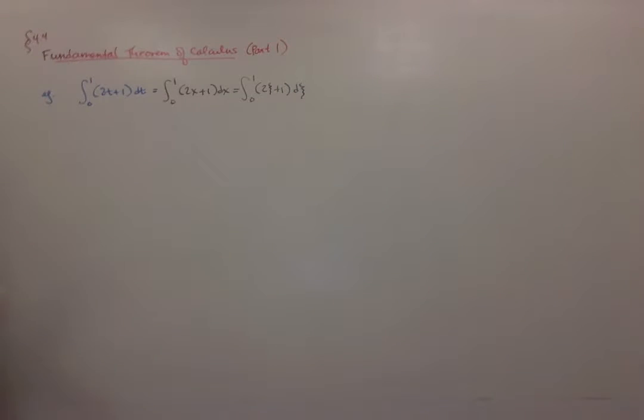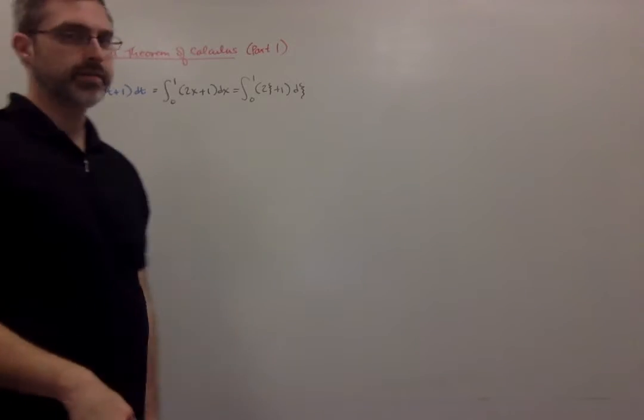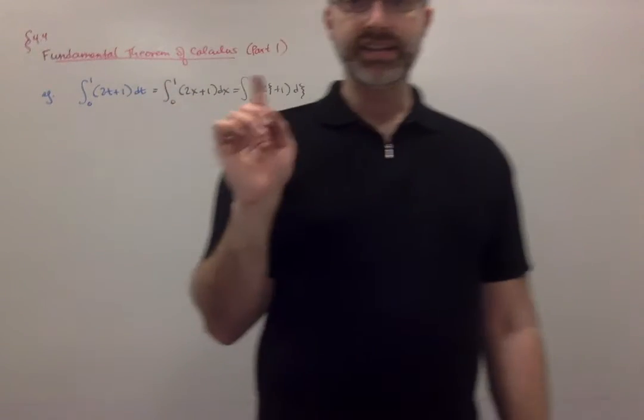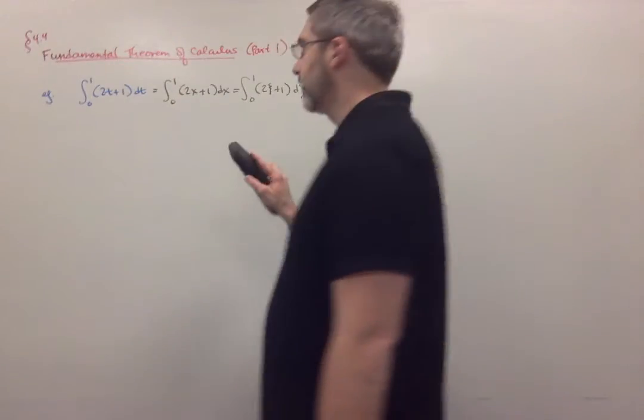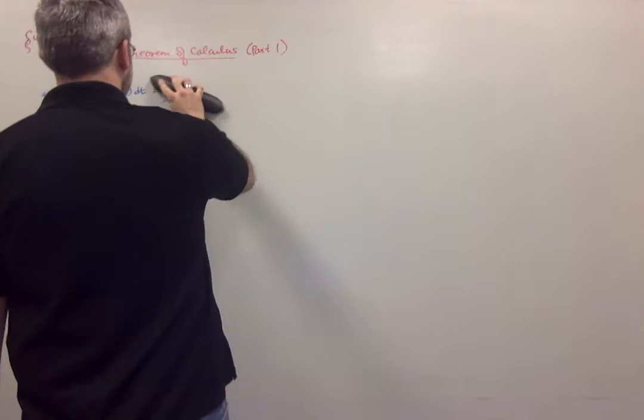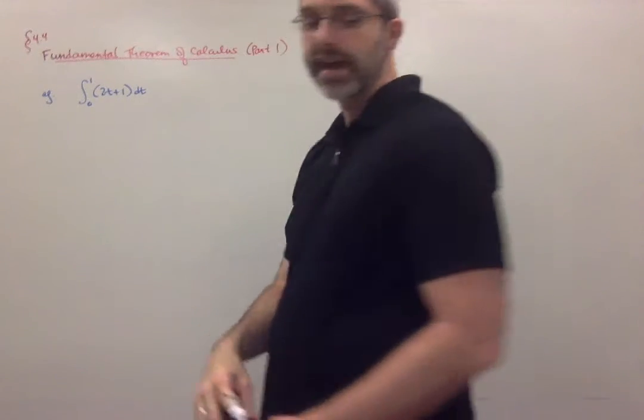Okay? None of that matters. All of these are going to give me the same answer. There's a reason that I'm using t, and you'll see why in a little bit. So for now, I'm going to just stick with using t, but you can imagine it being x if that helps you.